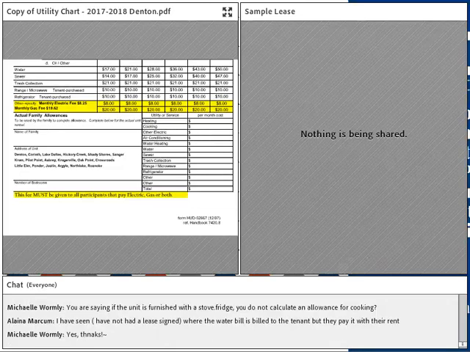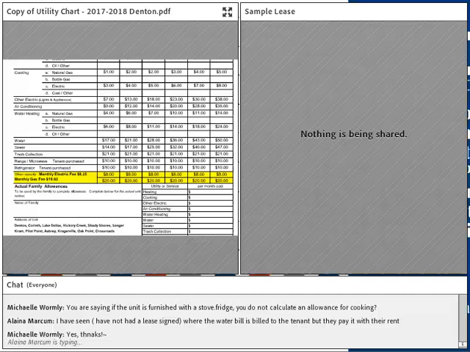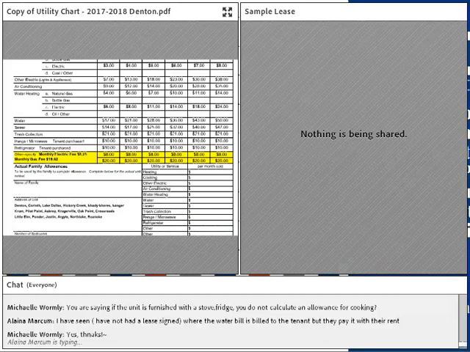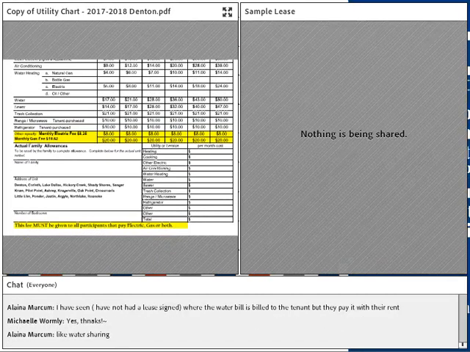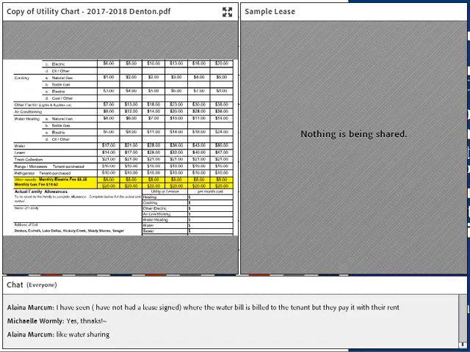Okay. Elena, I have not had a lease signed where the water bill is billed to the tenant, but they pay it with their rent. So if they're paying a water bill, then they should be getting an allowance for water.